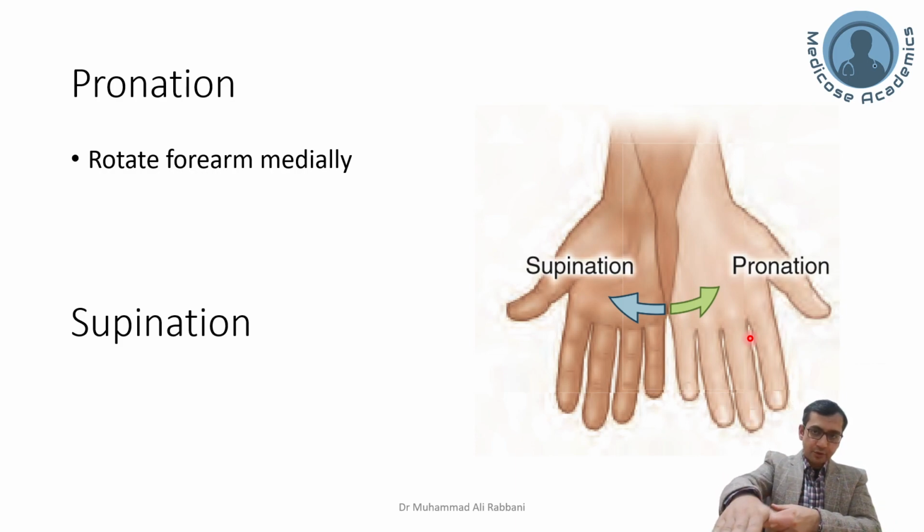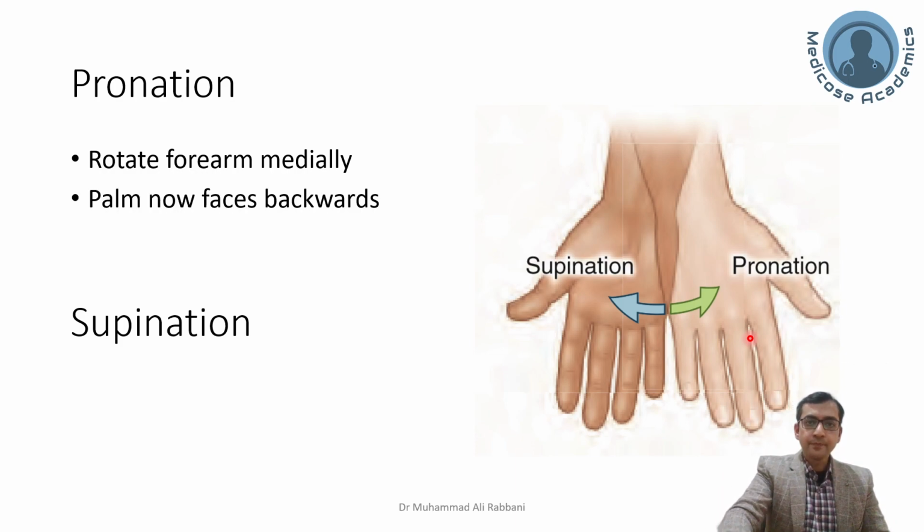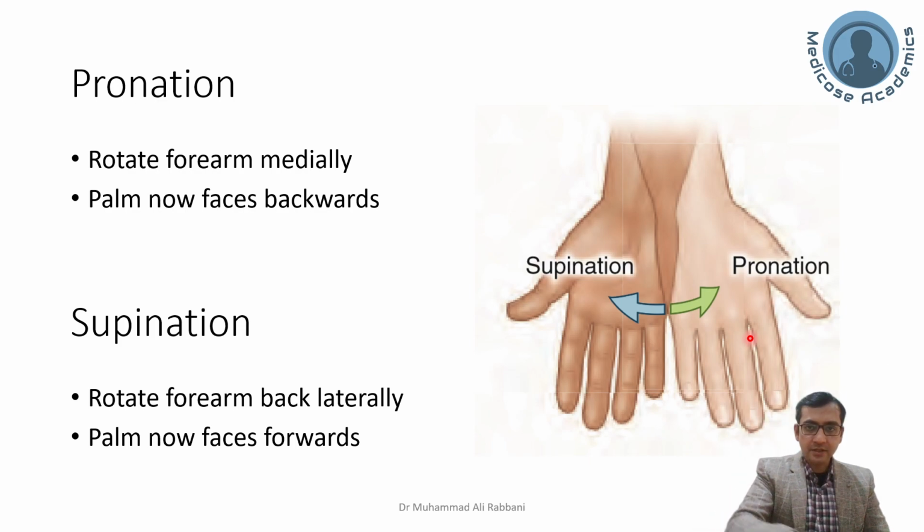This is the pronated position. I'm lying prone, with my face down. So moving like this is pronation, moving like this is supination. You can remember it by superior for supination. When your palm is facing superior, you are moving it into the supinated position. You are doing supination.